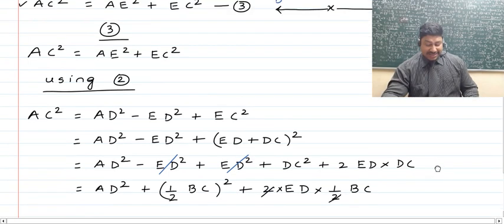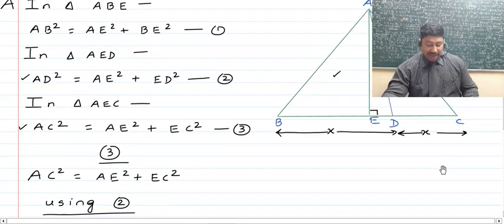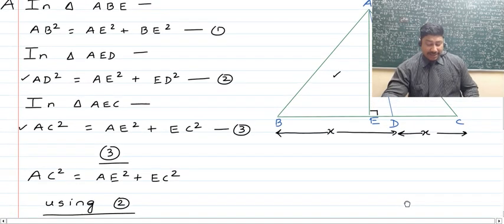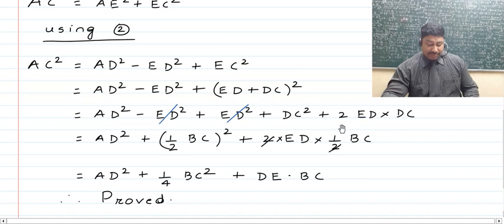After that, children, next we talk about the last term, which is 2 times ED into DC. Now remember children, DC is the same as half BC as we substituted in the last step, so we keep it to be half BC. 2 and 2 get cancelled as they are in multiplication, and you're just left with ED into BC.